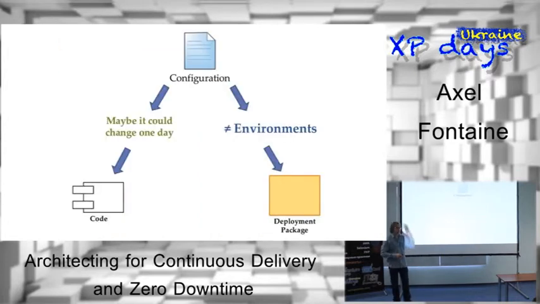On to the next part, configuration. Configuration is actually something we can divide into broad categories. The first category is, well, maybe it could change someday, so I made it configurable. And the second category is actual differences between environments, so that you just cannot connect to the same database from everywhere, or you need a different mail server or whatever.